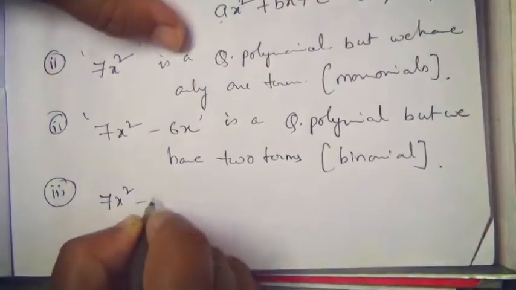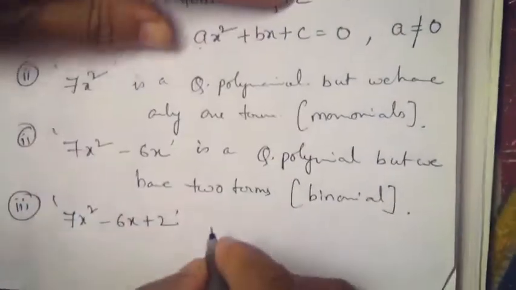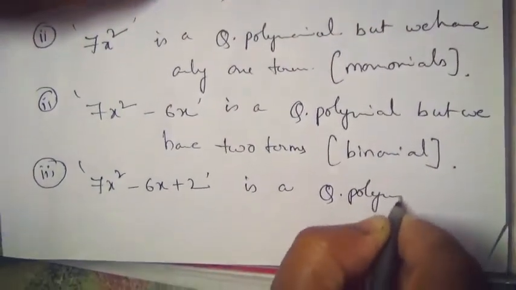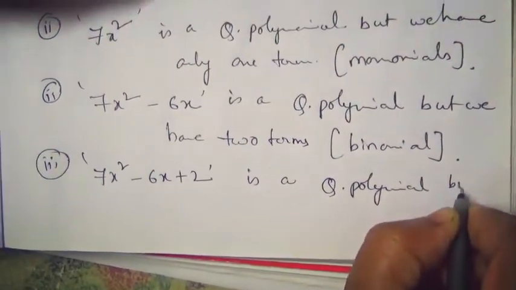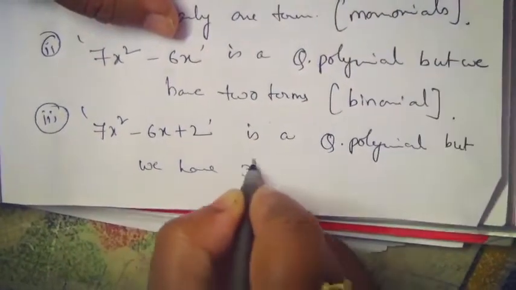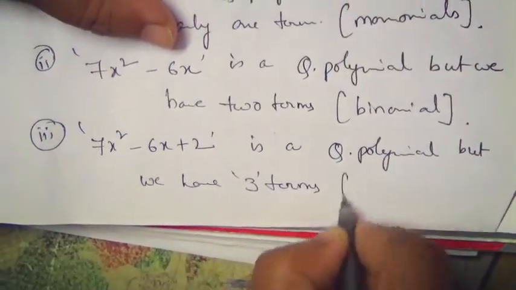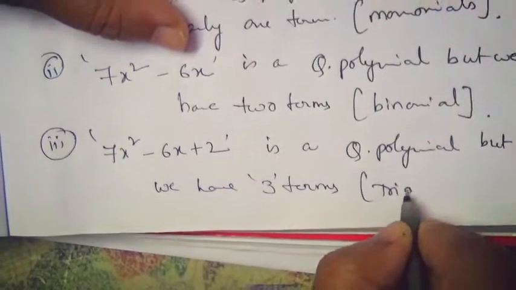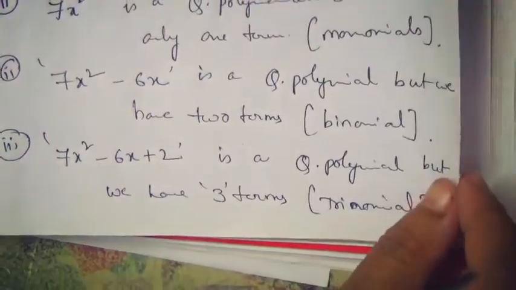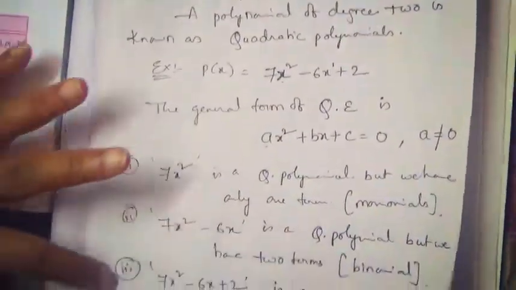Third example: 7x square minus 6x plus 2. Is it a quadratic polynomial? Yes, but we have three terms, hence it is a trinomial. So we can express a quadratic polynomial as a monomial, binomial or trinomial.